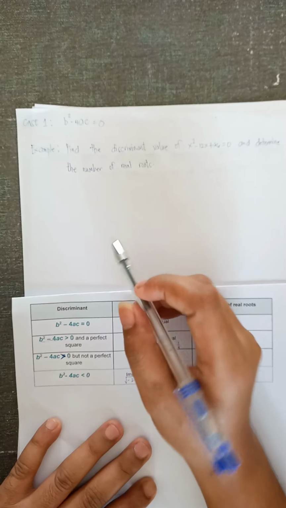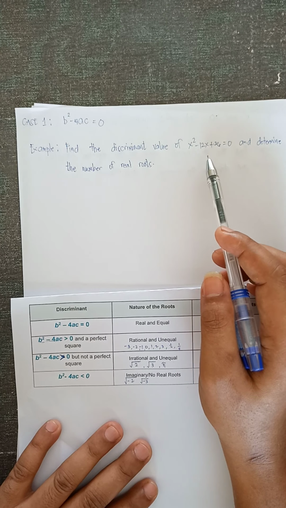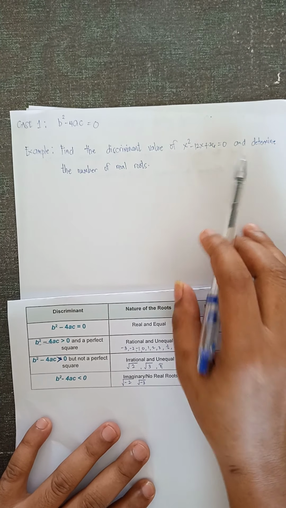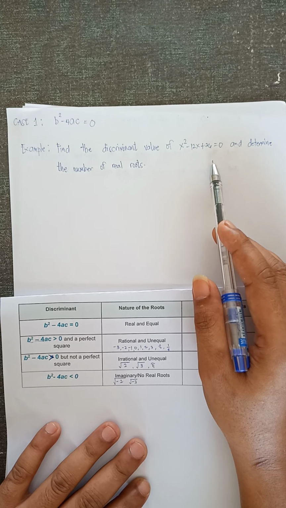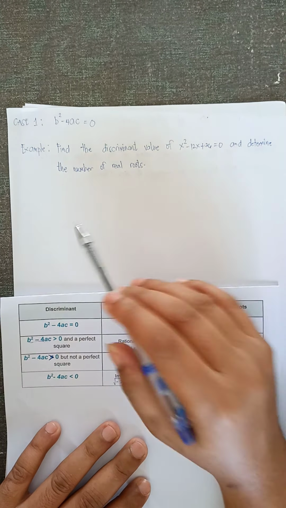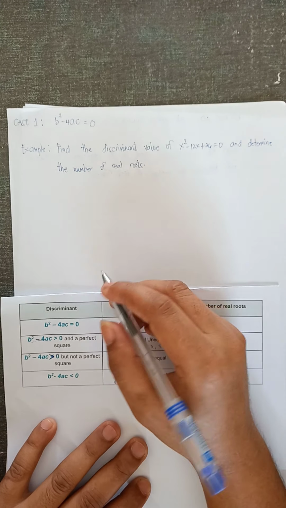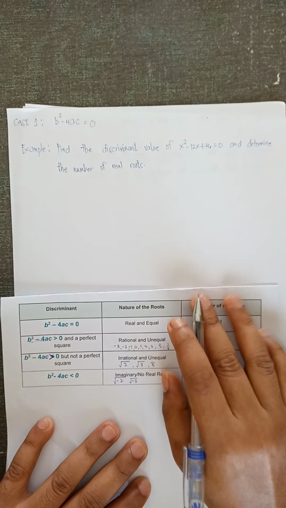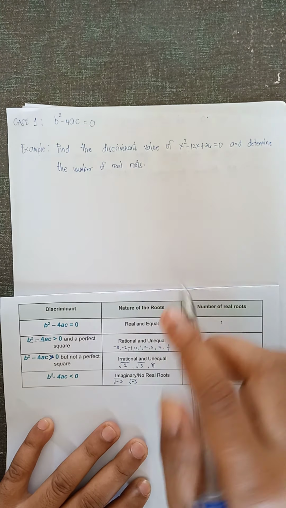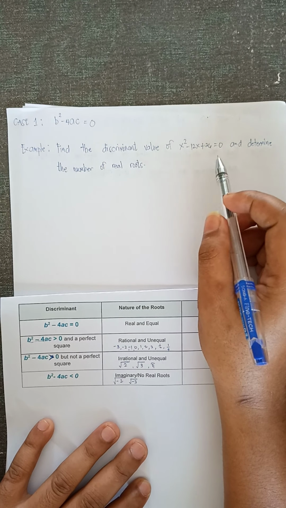So first example, find the discriminant value of x squared minus 12x plus 36 equals 0, and determine the number of real roots. To start with, we're going to determine first the values of a, b, and c of a quadratic equation.